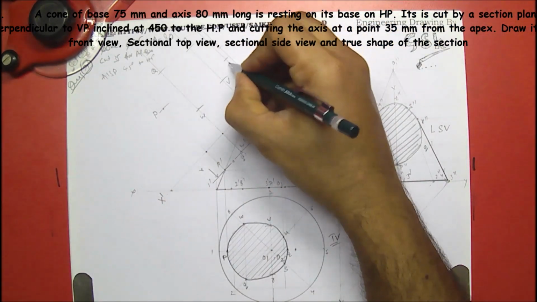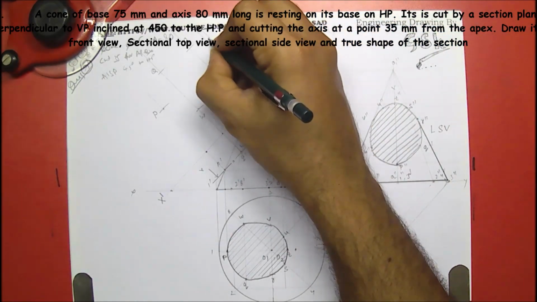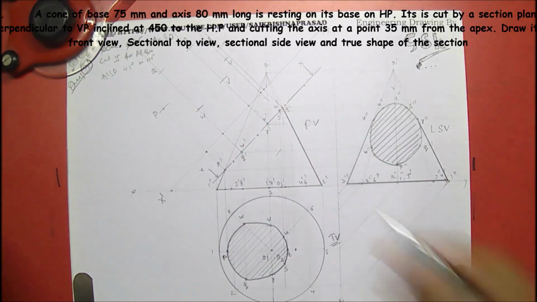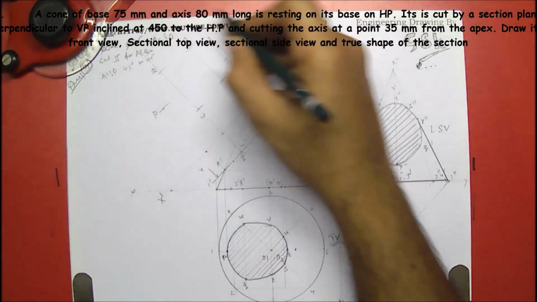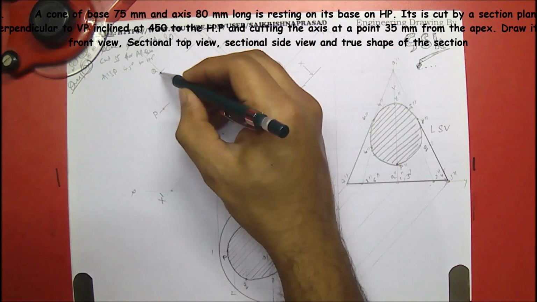So this would be U, this would be T, and this would be S. P, Q, R, S, T, U, V, W. Right? So with these points, join this with a free hand or else use French curves.